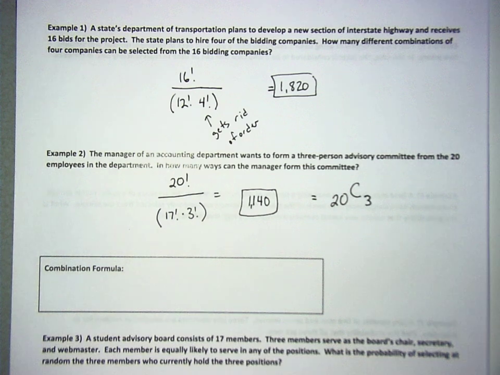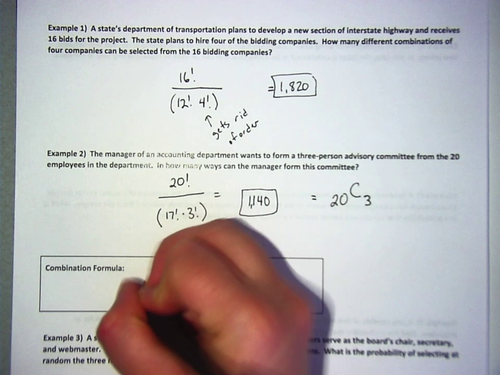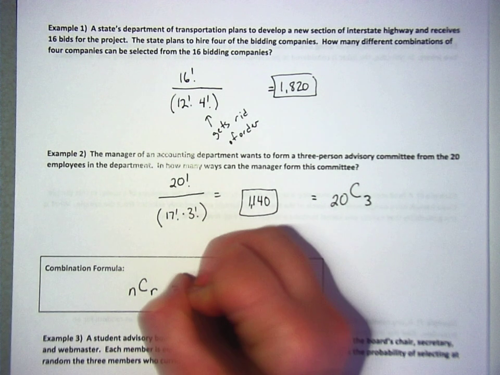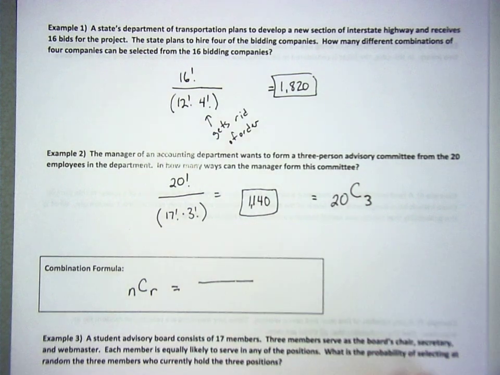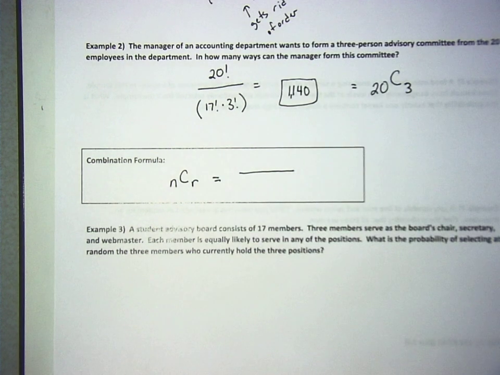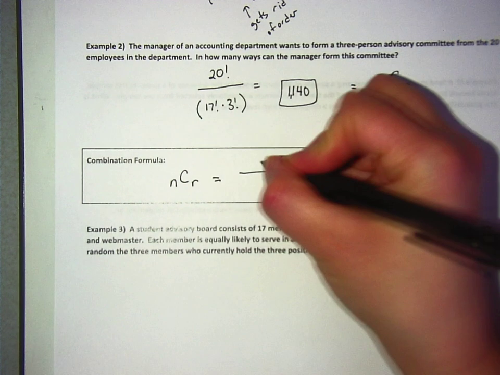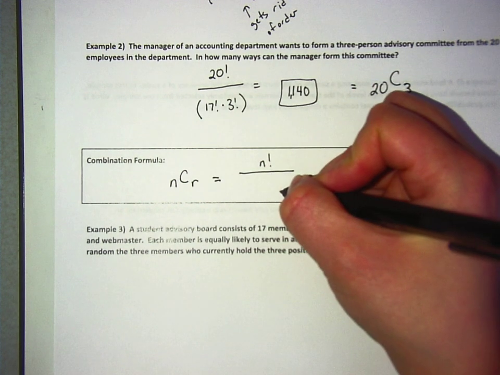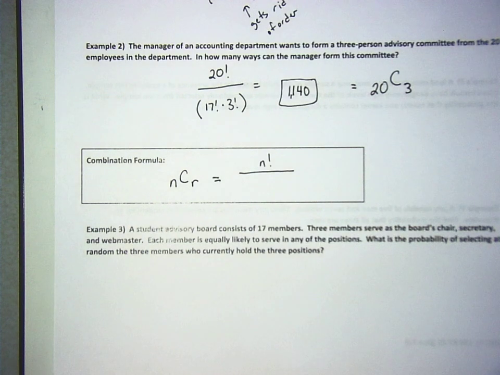For this, I'm gonna write nCr equals, and I need somebody to tell me what that formula would be if we were gonna say it in a mathy way, for a prize. Equals n factorial over, I don't know how to say it in a mathy way.